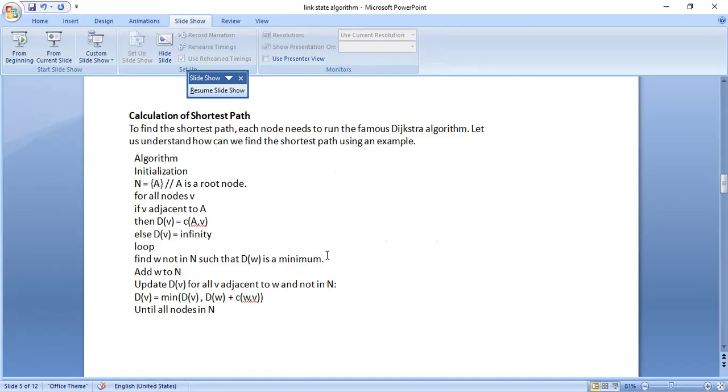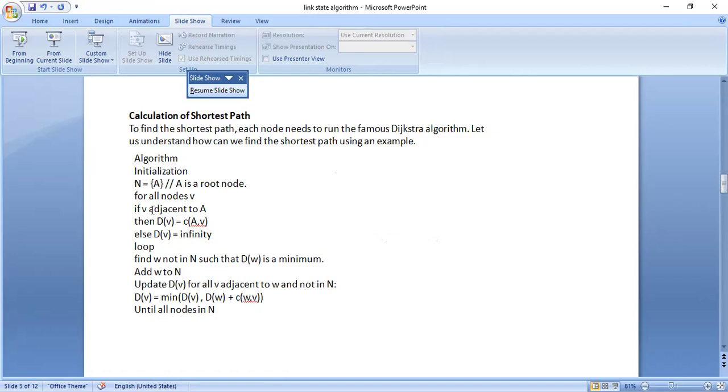In the algorithm, we use two phases: the initialization phase and the updation phase. In the initialization phase, you have to fix the root node. Take any one source node as the root node, say A, which becomes the node in N. All the remaining nodes are visitor nodes.